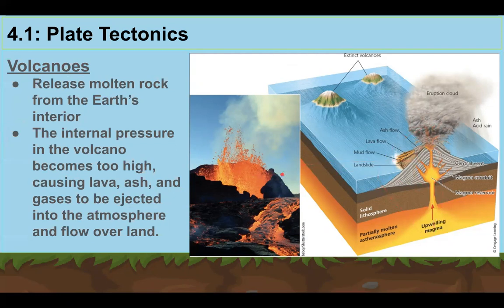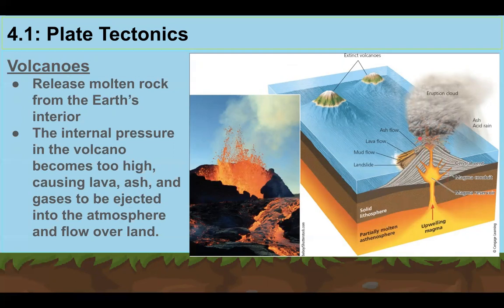But remember that it could also happen in divergent boundaries as the magma is pushing up and separating the two plates. So if the pressure within here, so again, stored up energy, gets to be too high, then the lava is going to be ejected here.